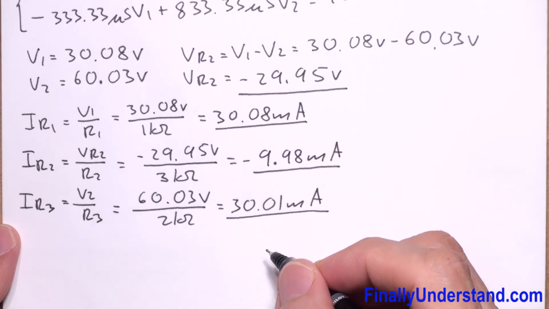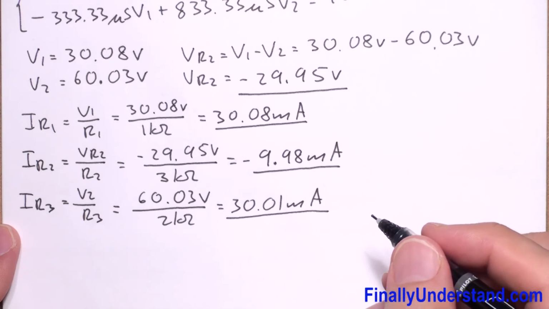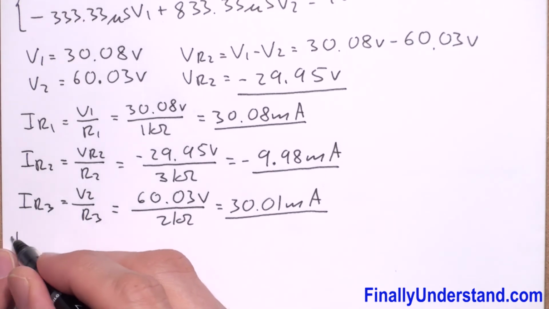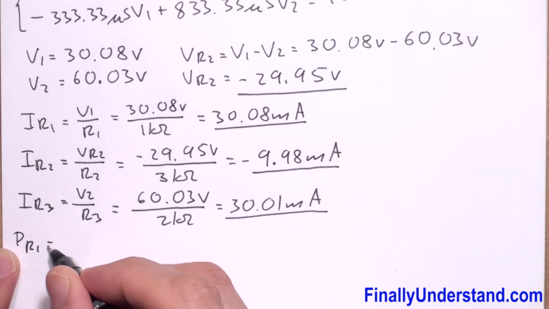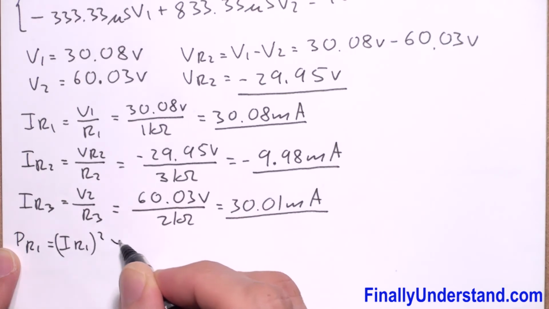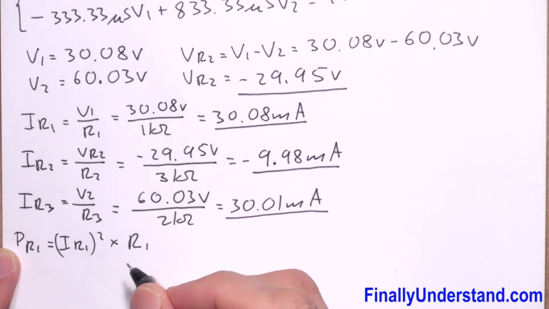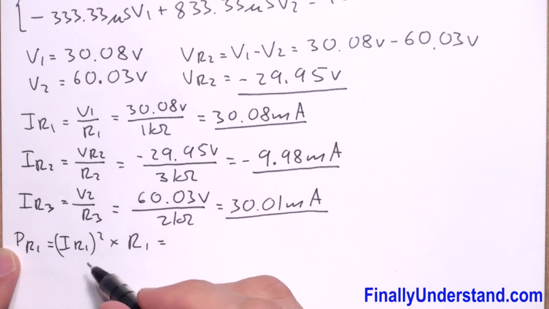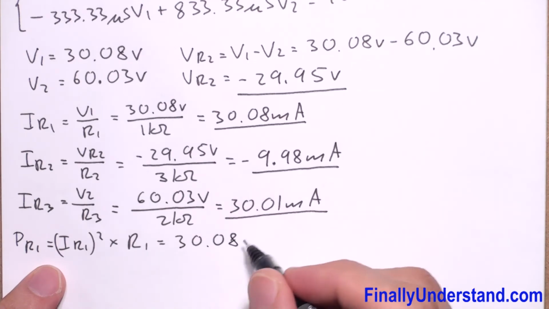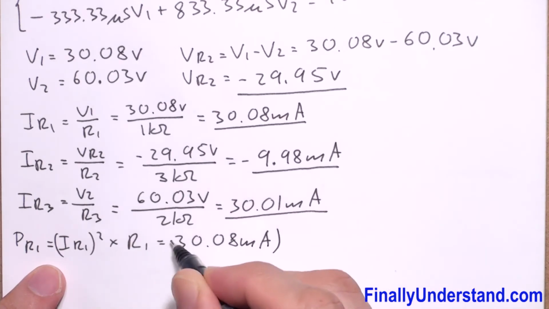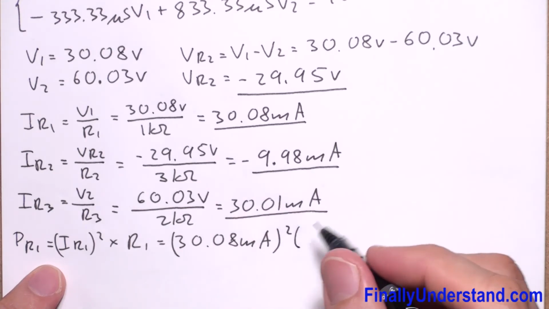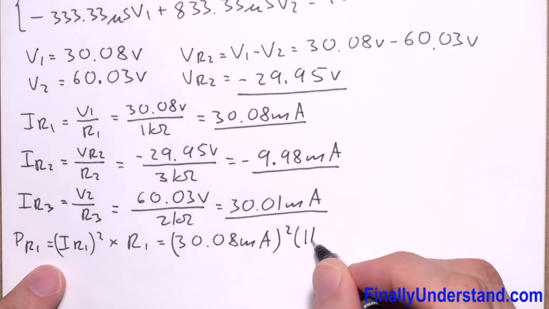Next, we're supposed to find PR1, PR2. So I have PR1 is equal IR1 to the second power times R1, which is equal IR1 we found, this is 30.08 milliamps to the second power times R1, and R1 is equal 1 kilo.